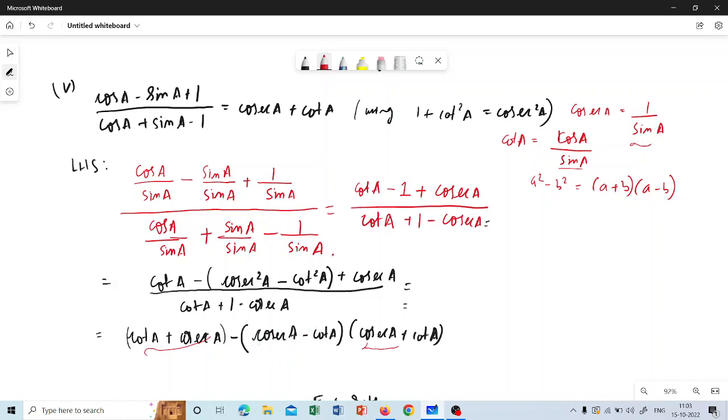So now similarly I can take this minus sign inside. Okay, 1 minute, I will go step by step. I will just continue like this.